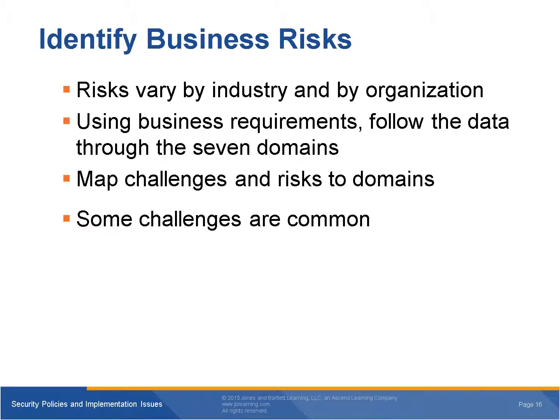So identify business risks. Risks vary by industry and by organization. Many business requirements follow the data through the 7 domains. So you need to map the challenges and risks to those domains. And some challenges are common.